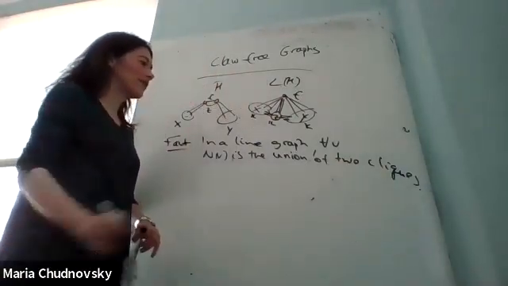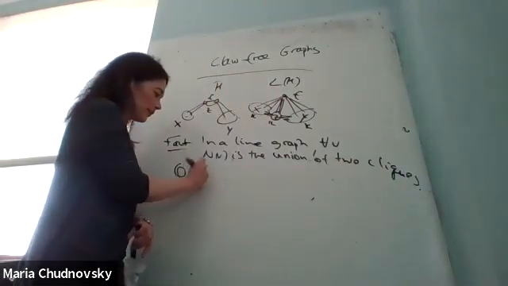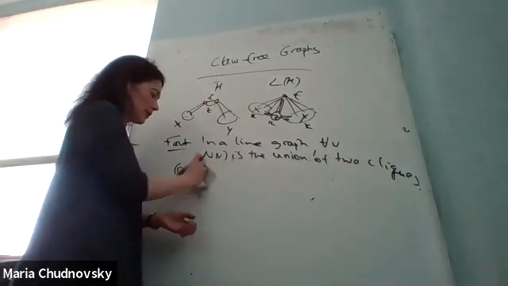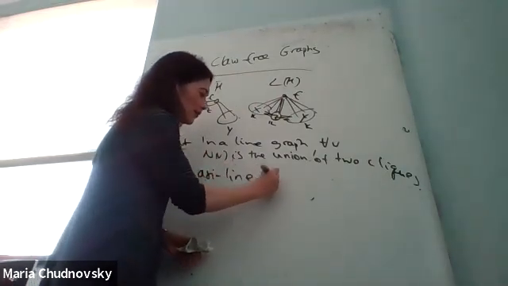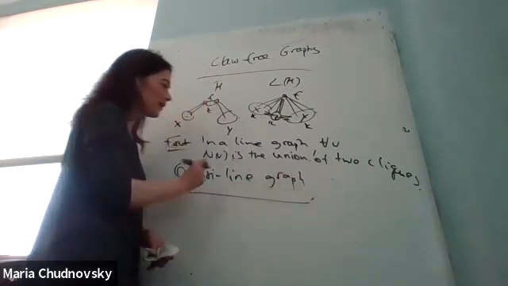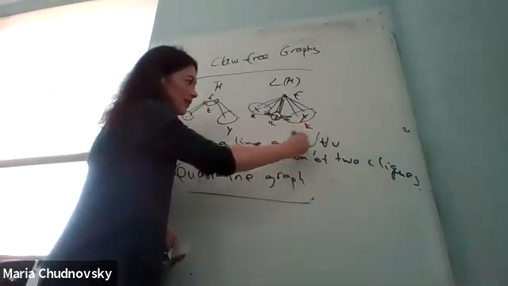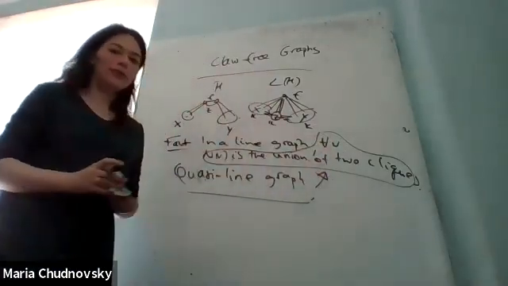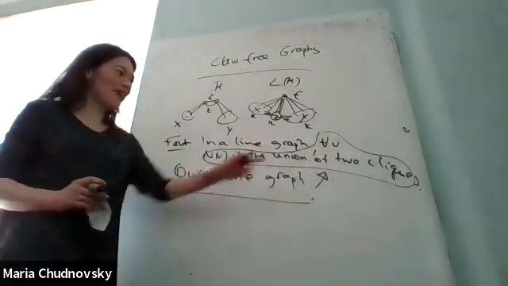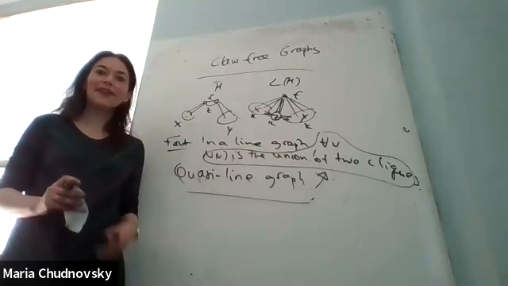And graphs like that have a name. They're called quasi-line graphs. So quasi-line graph means this. So there are claw-free graphs, there are graphs with these properties which are called quasi-line graphs, and there are line graphs.